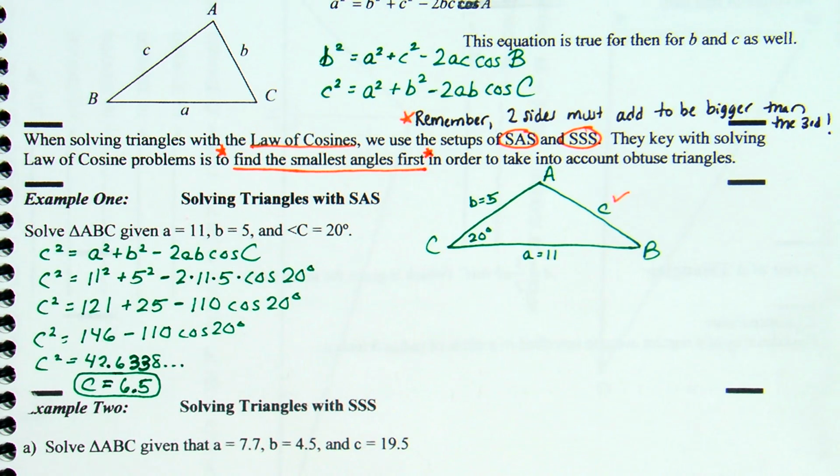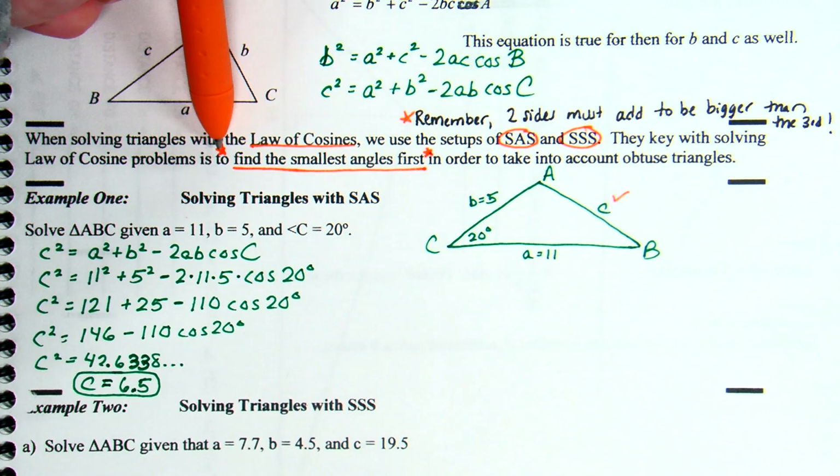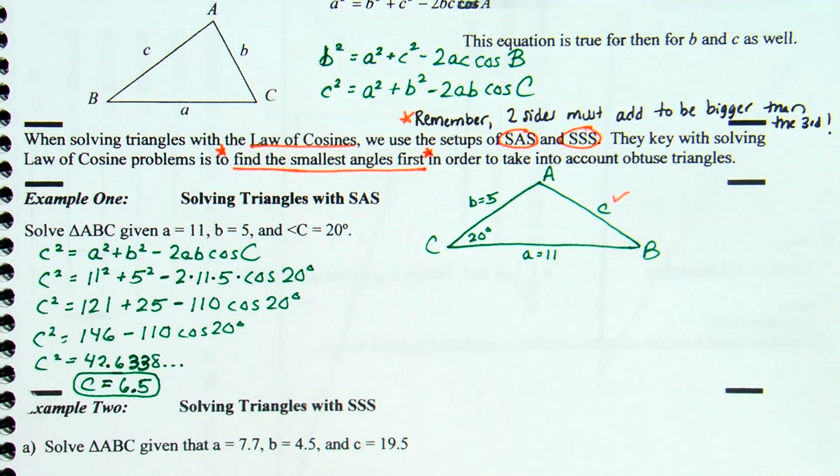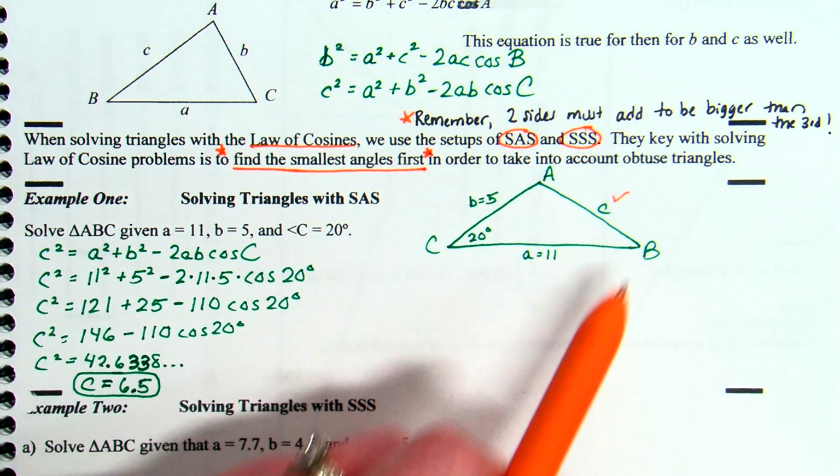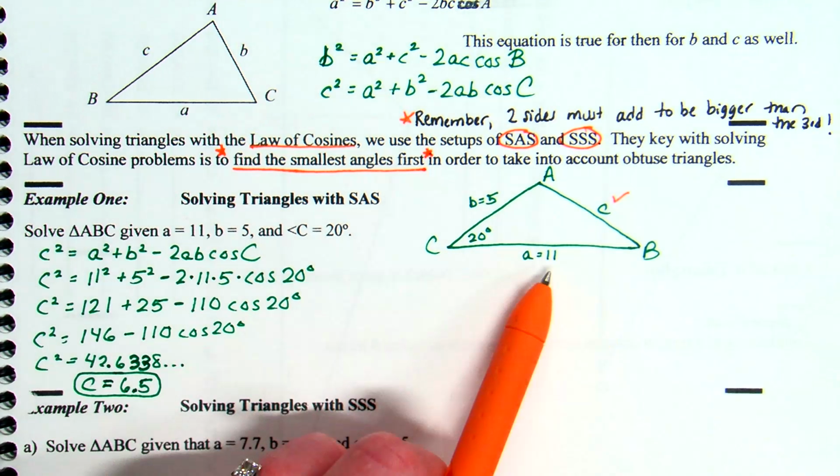What I need you to recall, and this was yesterday, so you've slept since then, is what I underlined right here. When using law of cosines, you always want to find the smallest angle first. So out of A and B, which one is going to be the smaller angle? B, because B is opposite side 5, as opposed to A, which is opposite side 11. So we need to find B first.